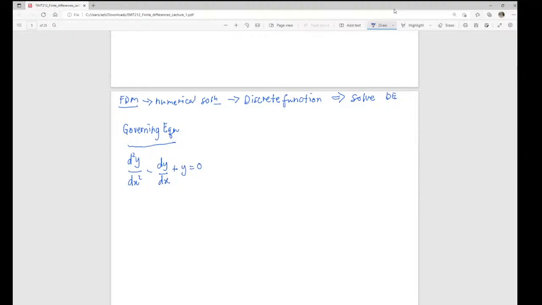Our range is x from 0 to 10, and our boundaries are: at x equal to 0, y is equal to 1, and at x equal to 10, y is equal to something.